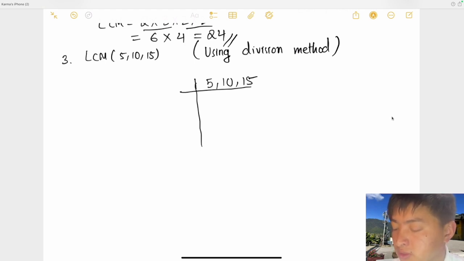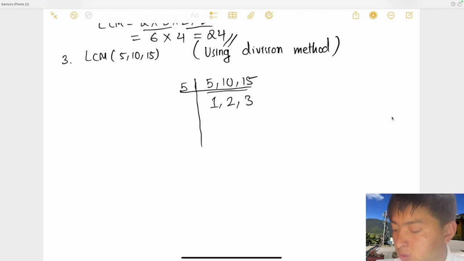Let's move on to the next prime number, which is 5. Now you'll see that these numbers are all divisible by 5, so write 5 on the left column and divide all the numbers by 5. You will get 1, 2, and 3.